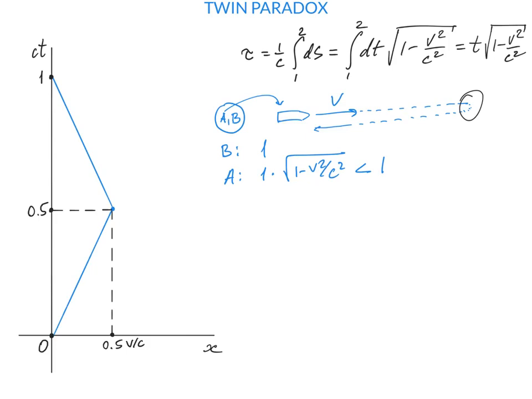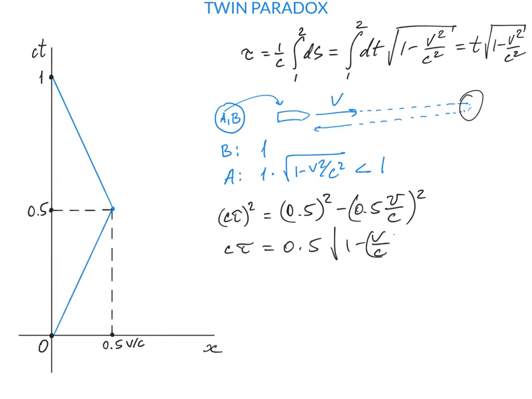So if we want the time period corresponding to one of the parts of the journey, I would take this side and this side and write that c tau squared equals half a year squared minus half a year times v over c squared, and c tau would then be 0.5 times the square root of 1 minus v over c squared.